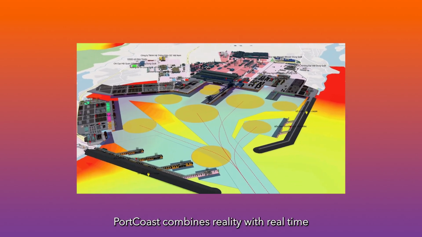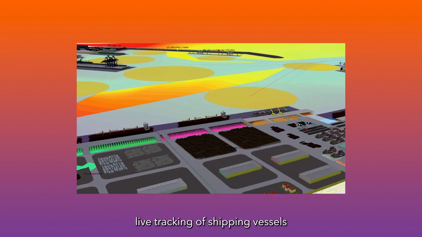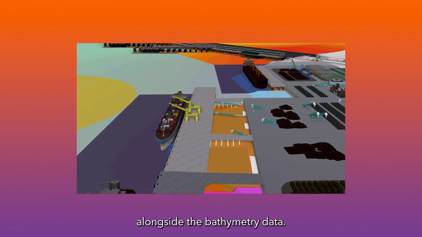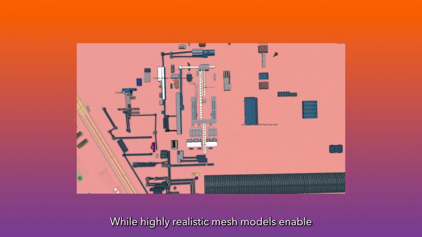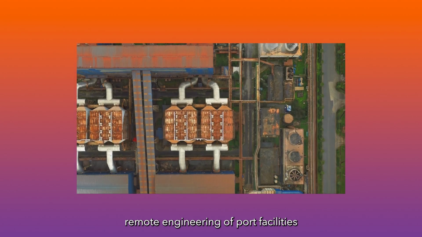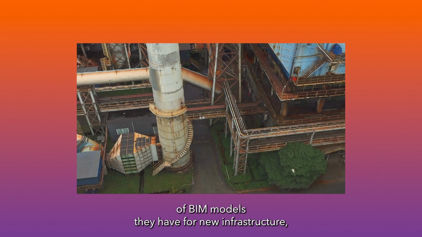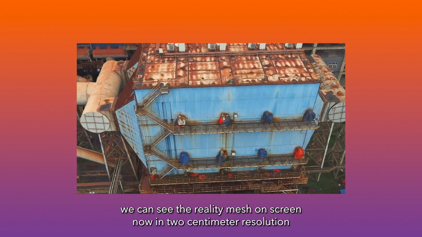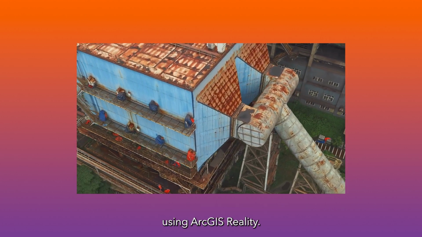Port Coast combines reality with real-time, live tracking of shipping vessels alongside their bathymetry data, while highly realistic mesh models enable remote engineering of port facilities alongside the extensive amount of BIM models they have for new infrastructure. We can see their reality mesh on screen now in 2 centimeter resolution using ArcGIS Reality.